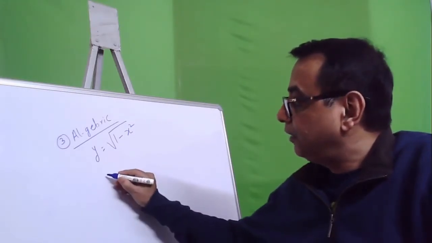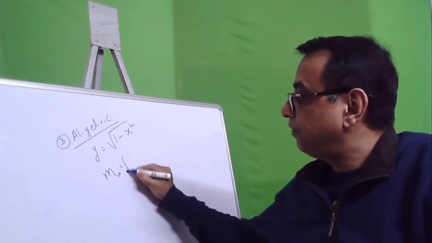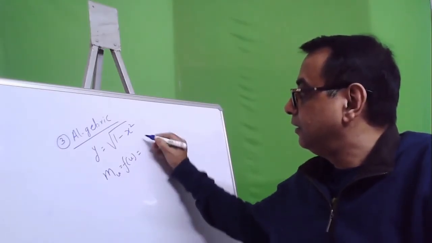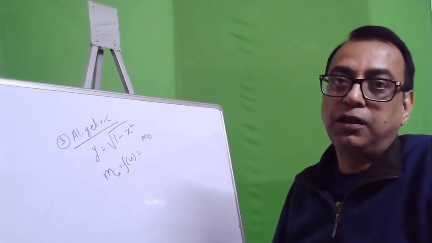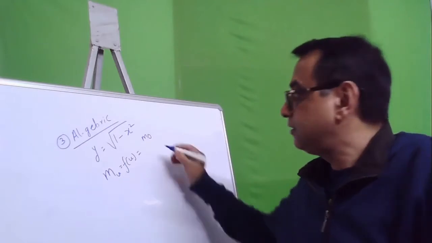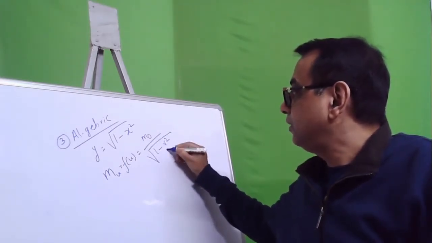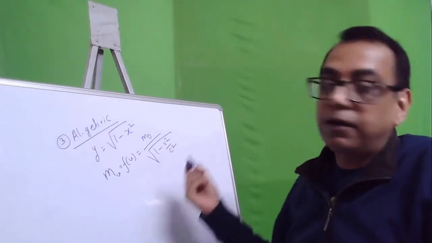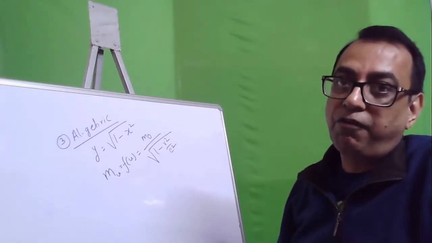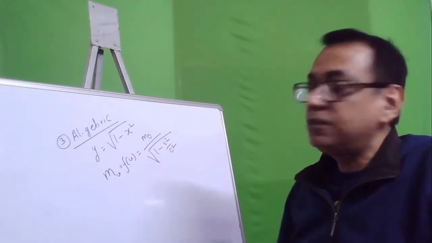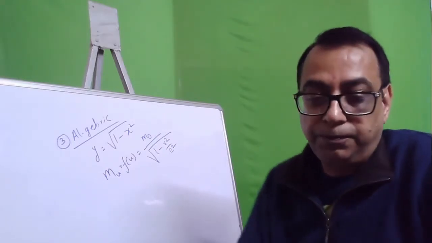It is defined as mass at velocity v is m naught, where m naught denotes the mass when it is at rest, divided by root over 1 minus v square by c square, where v represents the velocity of the object and c represents the velocity of light. So this is one example of an algebraic function, which is the theory of relativity.